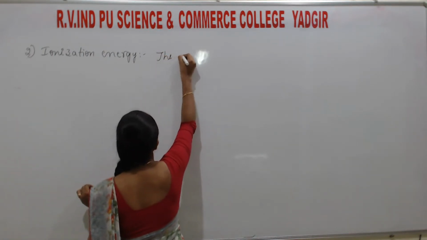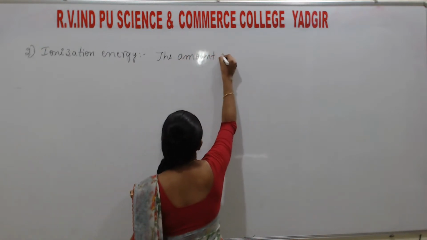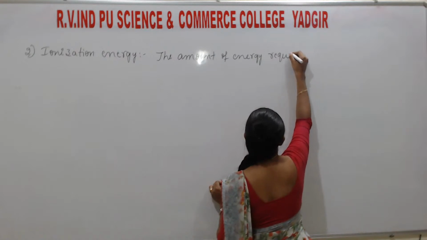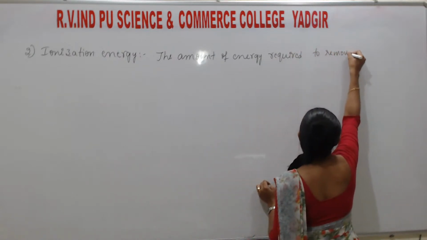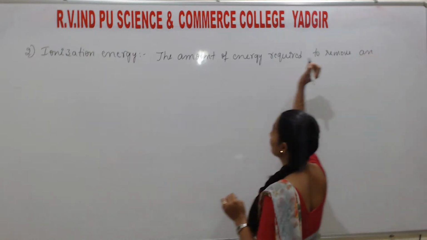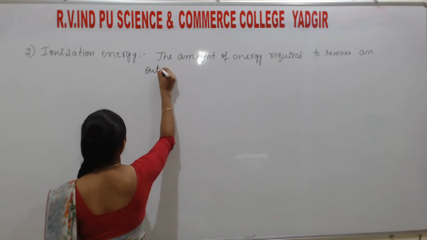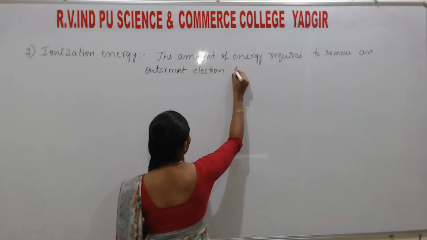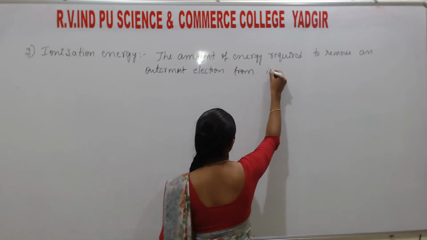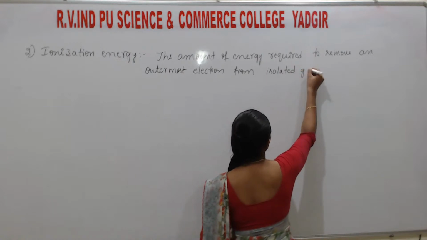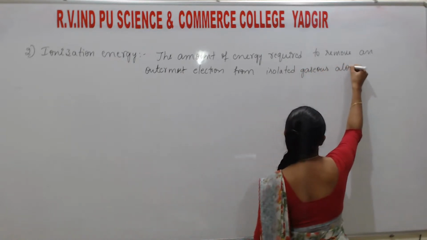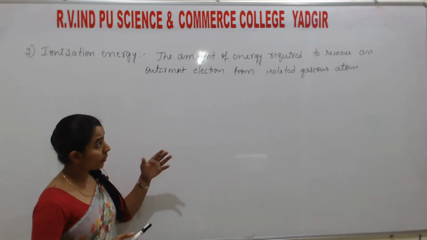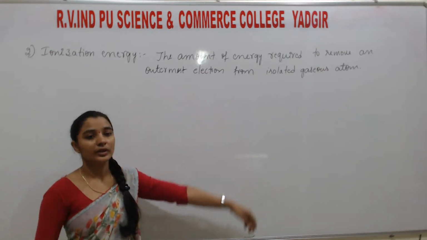It is the amount of energy required to remove an outermost electron from an isolated gaseous atom.